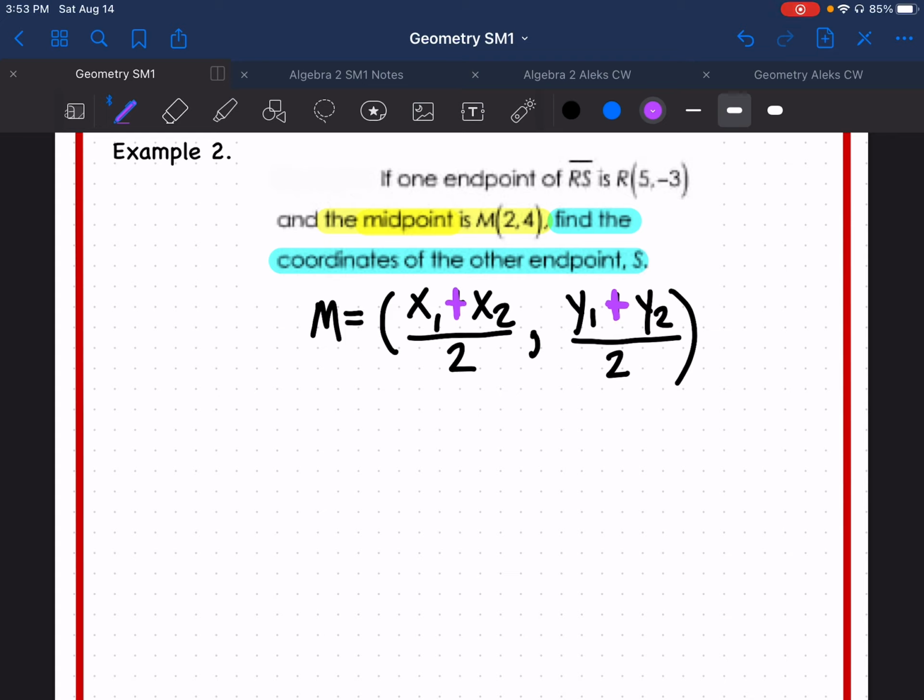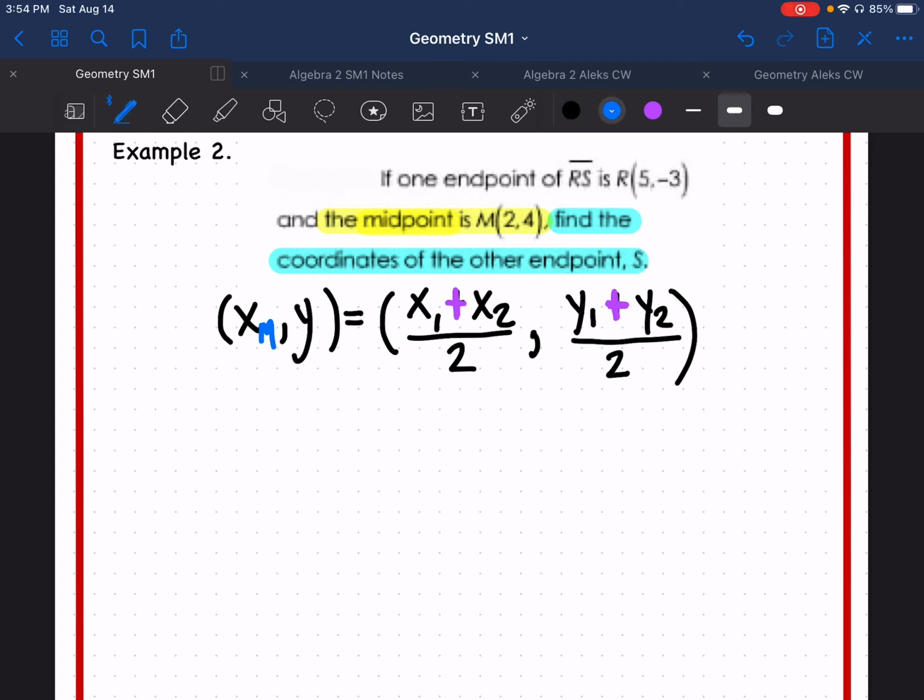Now, one thing that I am going to change about this formula, I'm going to change the capital letter M. So I'm going to come in here and erase this capital letter M, and change it to an ordered pair. What I'm going to call this is x of m, y of m. Because I already have x1, x2 on the other side, I want xm, ym.